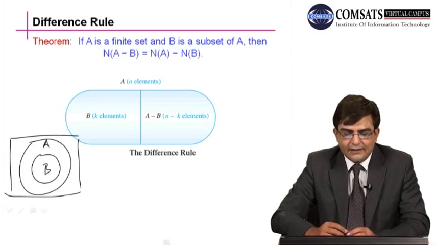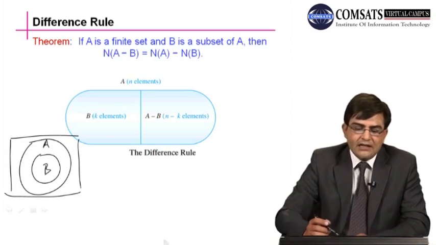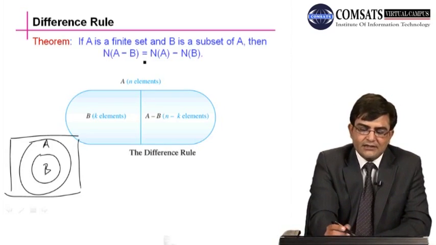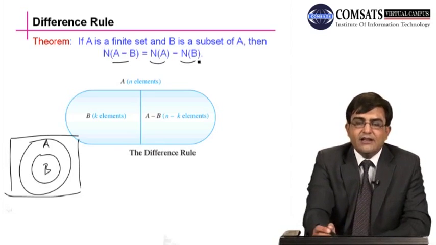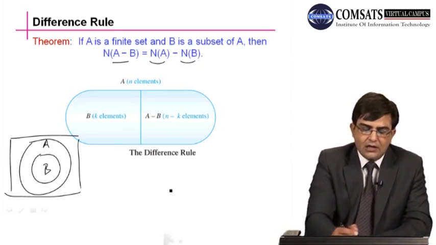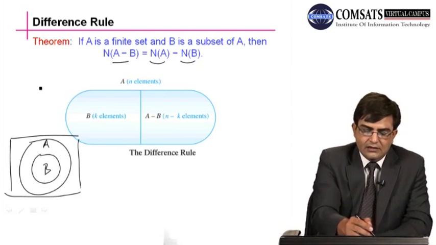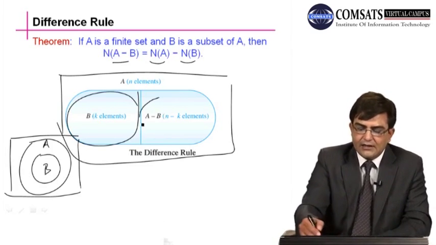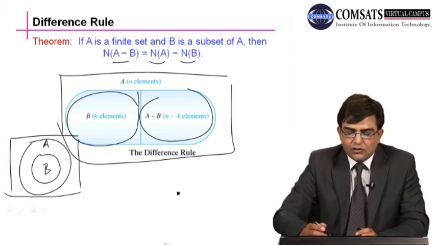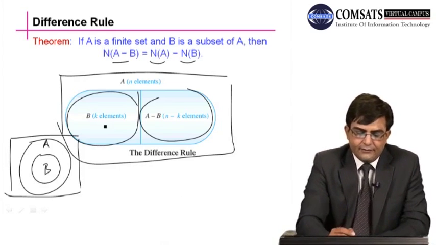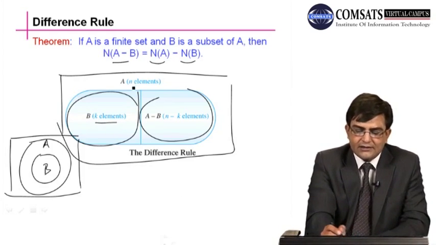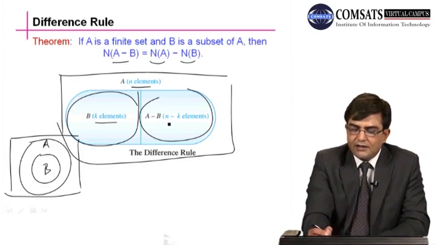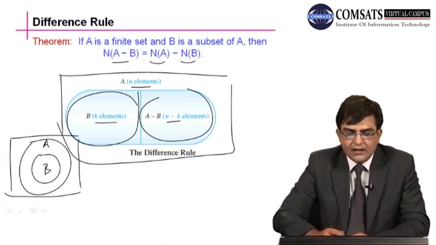If A is any finite set and B is a subset of A, then the number of elements in A minus B is the number of elements in A minus the number of elements in B. So if A is this whole set and B is a subset of it, then A minus B is that set which, if B contains k elements and A contains n elements, contains n minus k elements. This is basically the difference rule.